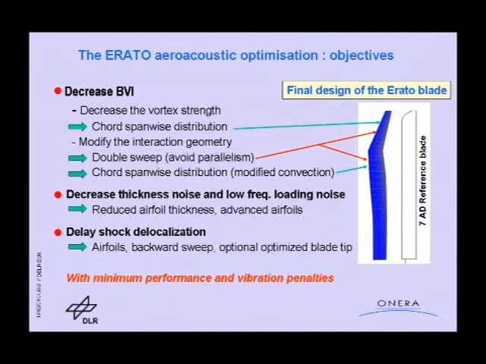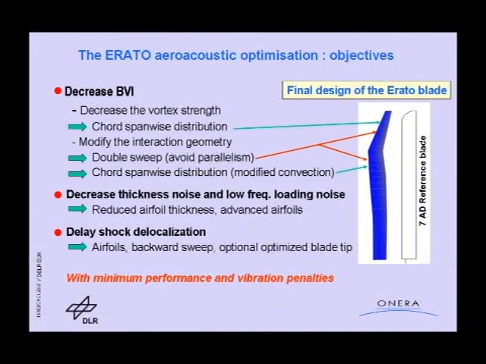The objectives were to decrease BVI noise, and BVI stands for blade vortex interaction. To achieve this, we wanted to decrease the vortex strength, and we were playing with the blade span-wise lift distribution by modifying the chord span-wise distribution like we did.